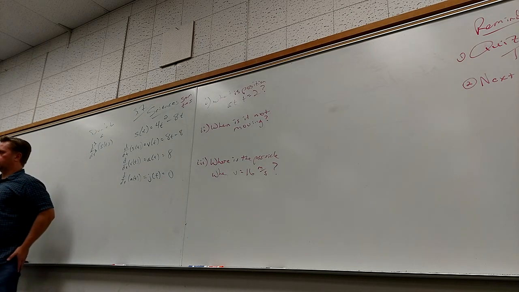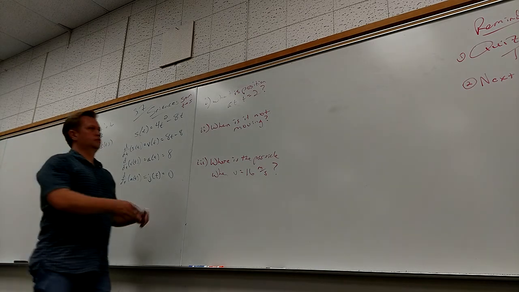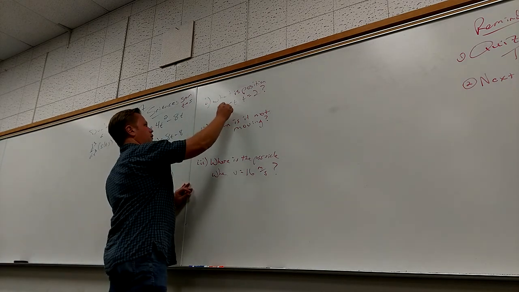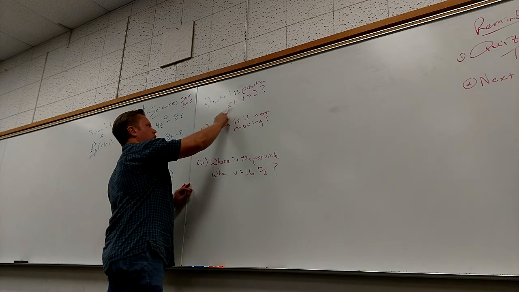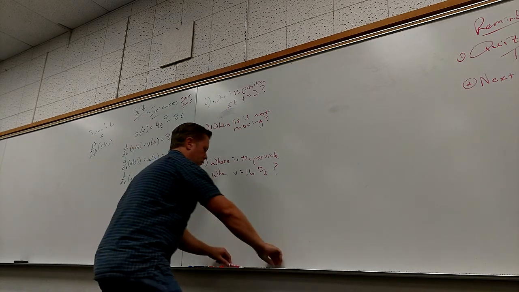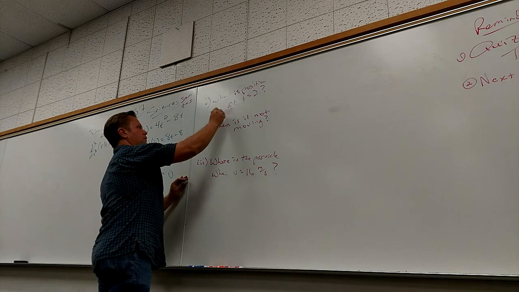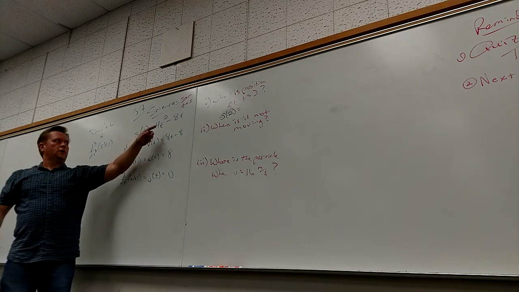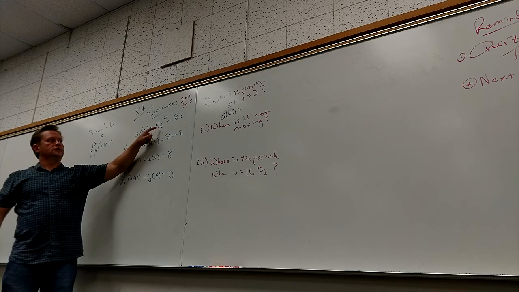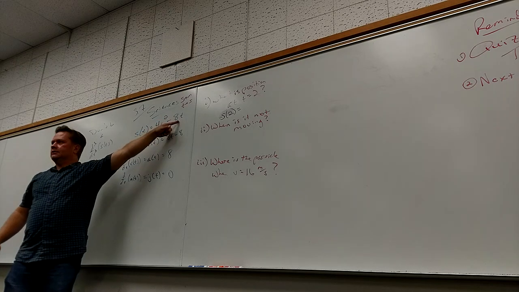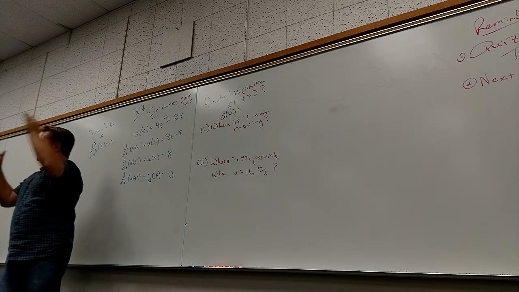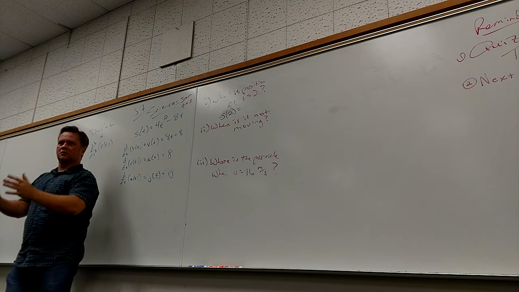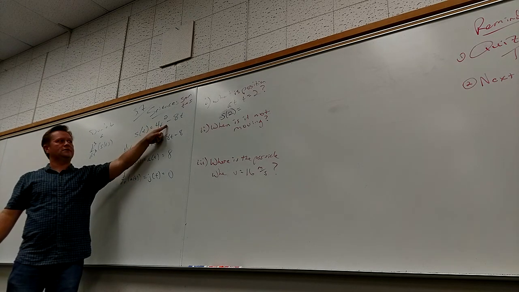Okay. So the very first one, if you have trouble with this one, you should feel really bad. So what is the position at t equals 2? You just plug 2 into the position function, and you get 16 minus 16. So it's at 0. And where is it at time 0?